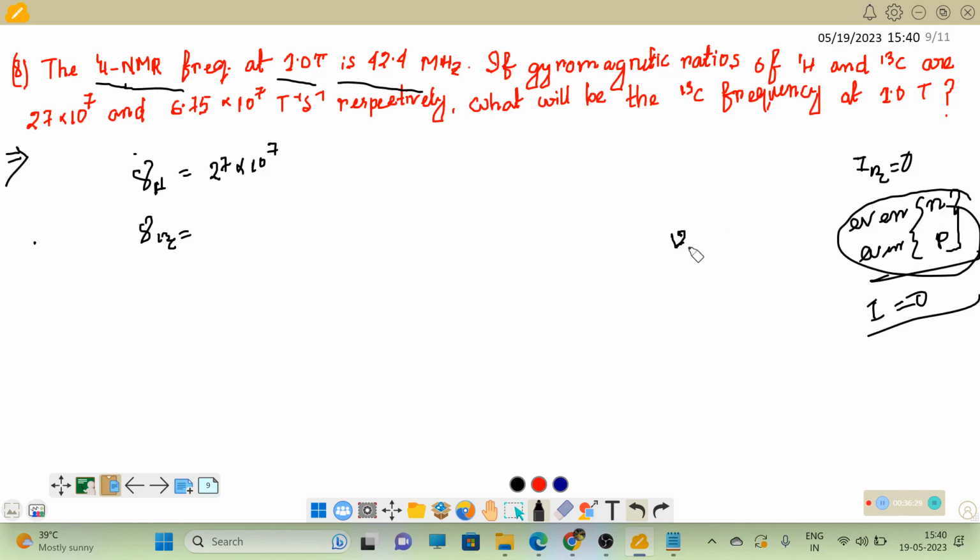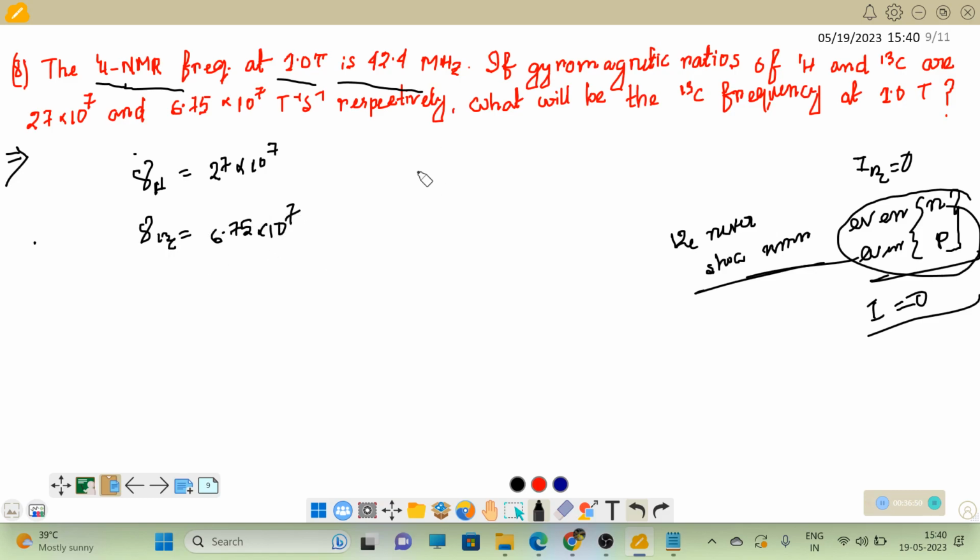That's why 12C never shows NMR. Net spin is 0. So gamma of 13C is 6.75 into 10 to the power 7. Here you can see the gyromagnetic ratio.